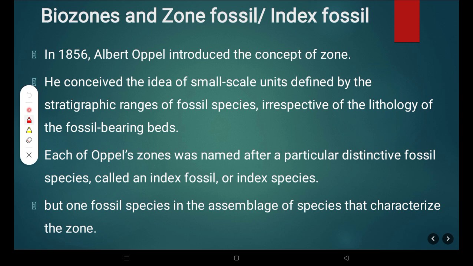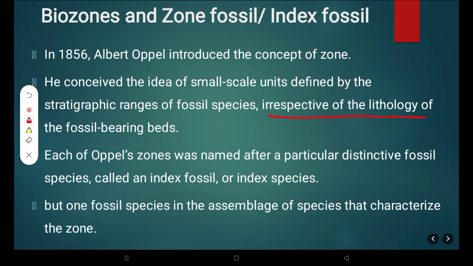He conceived the idea of a small-scale unit defined by the stratigraphic ranges of fossil species irrespective of the lithology of the fossil-bearing bed. So there is nothing to deal with the lithology of the studied section.